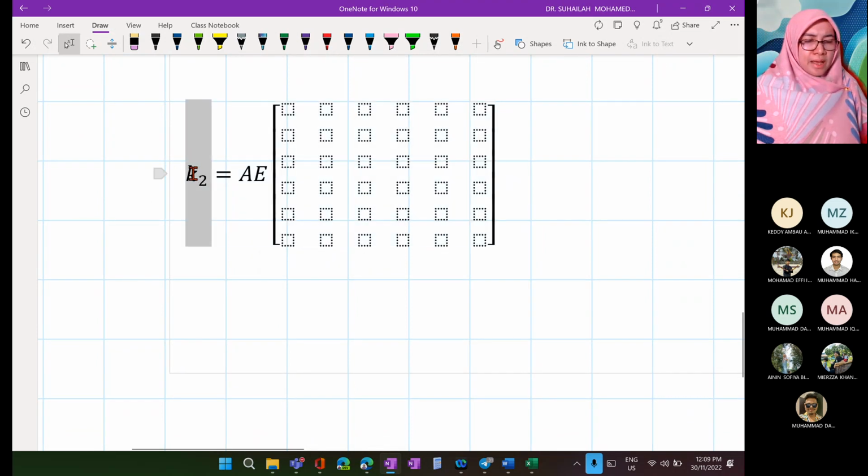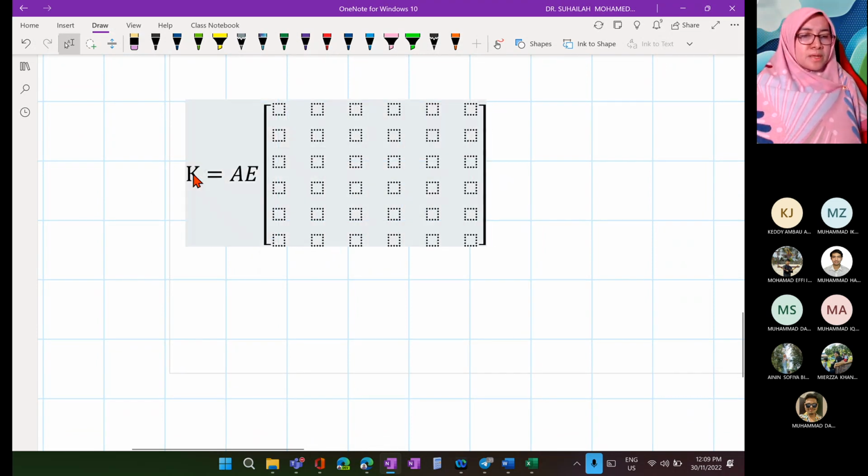K is capital K. Capital is for structure. Small letter is for element. Okay, K in terms of AE, so it has 6 by 6. So the label, the degree of freedom should be 1 to 6.